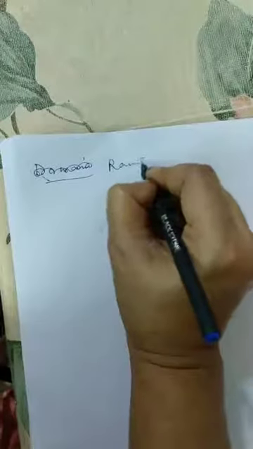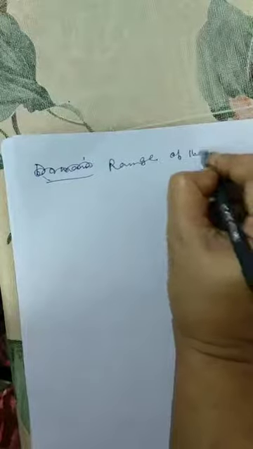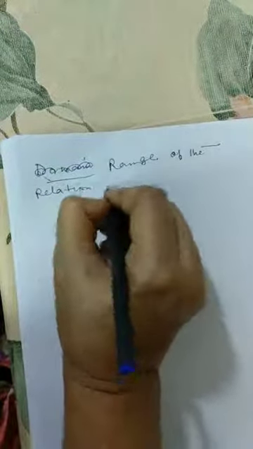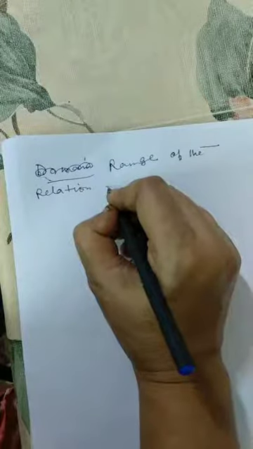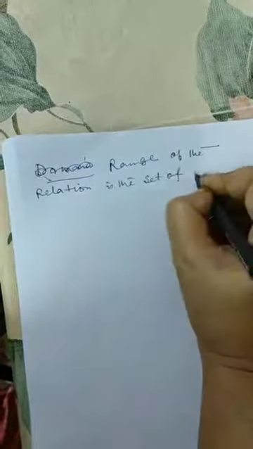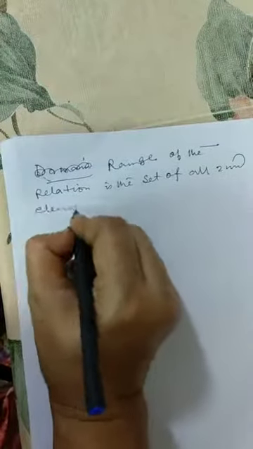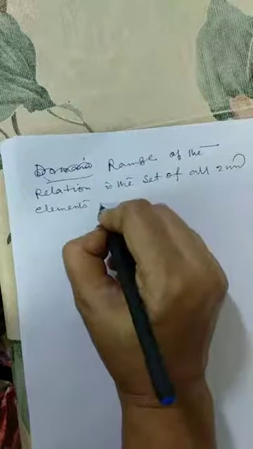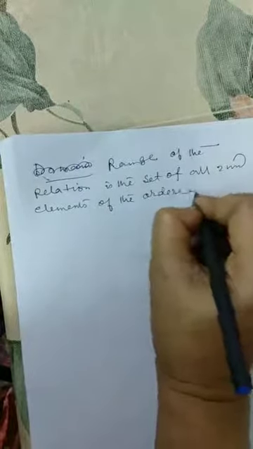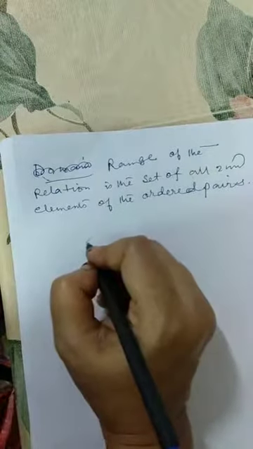Then the range of the relation is the set of all second elements of the ordered pairs.